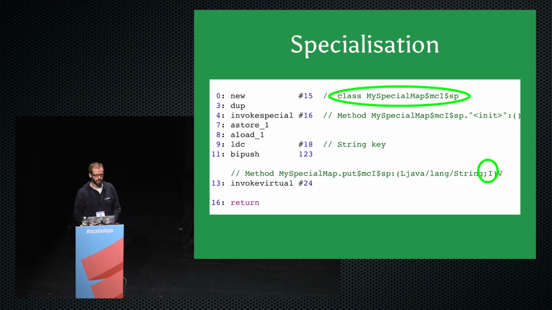You can see everything is now green circles instead of red circles, so that's a good sign. The first line, you can see that it's instantiating an instance of not MySpecialMap, but the specialized integer version of MySpecialMap. And then the second green circle, it has a capital I, which means that it's passing in a primitive integer. So there's no boxing going on here. Everybody's happy.